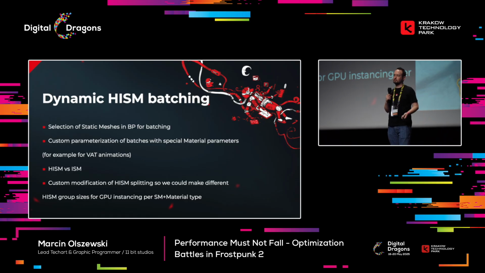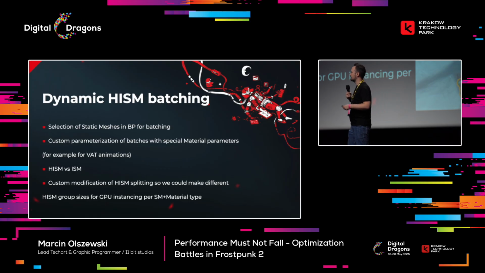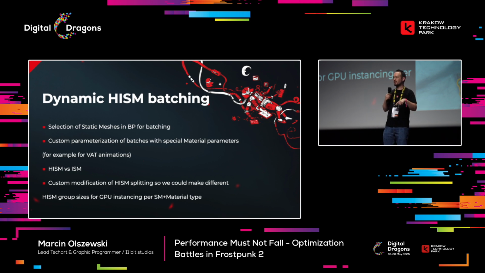Next thing is that we had to make custom parameterization for those buildings, because we want some fancy stuff like, hey, let's make some melting snow on one of them, or let's add some dirt, or let's make animations, because if we are using VAT animations, I will tell about them later, we need to update the data, okay? And we cannot just say, hey, let's batch it. And that's the next thing for Unreal's batching system.